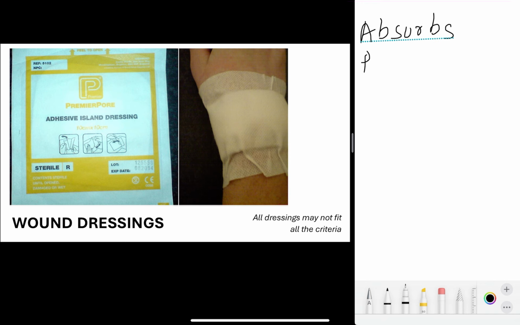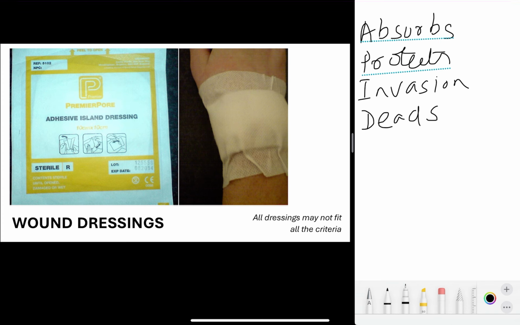It protects the wound from further damage, prevents bacterial invasion, and conforms to the wound shape and eliminates dead space.